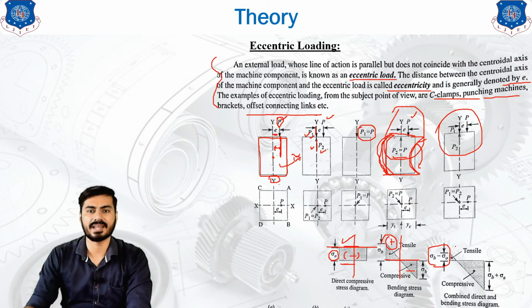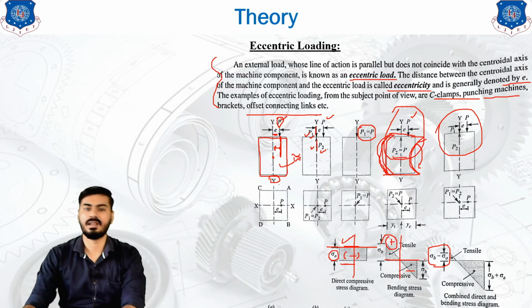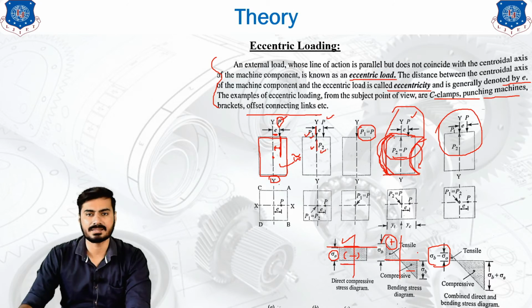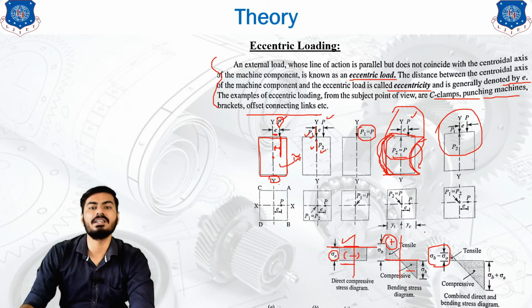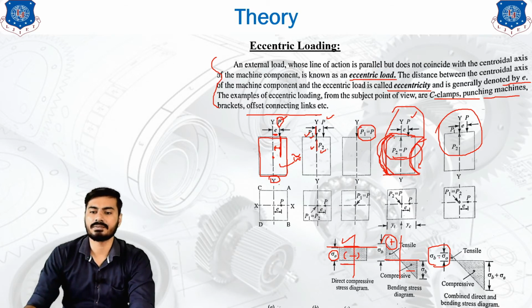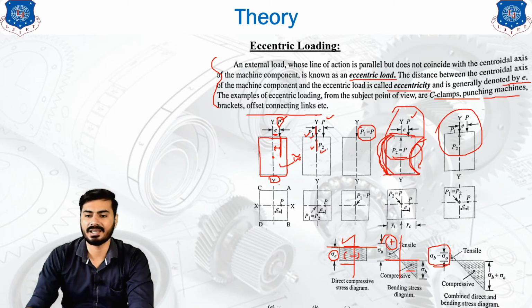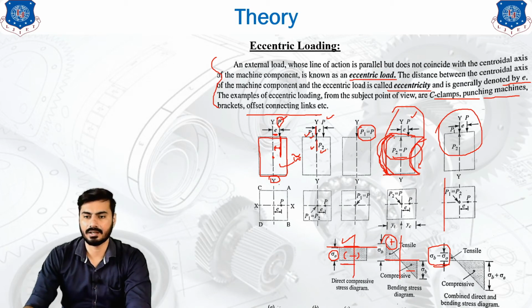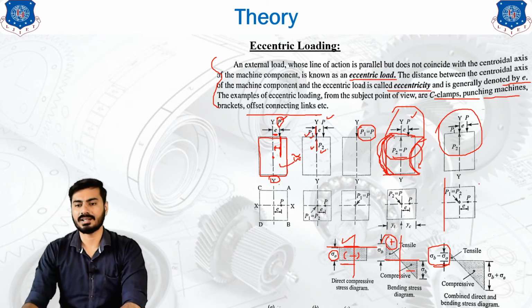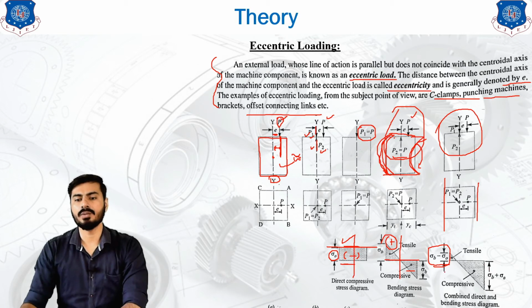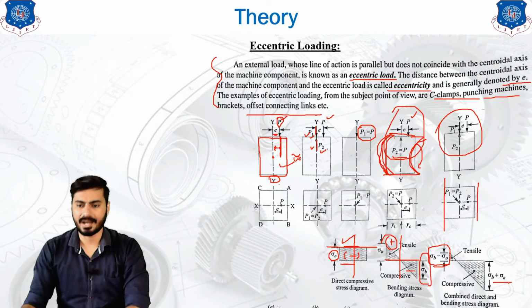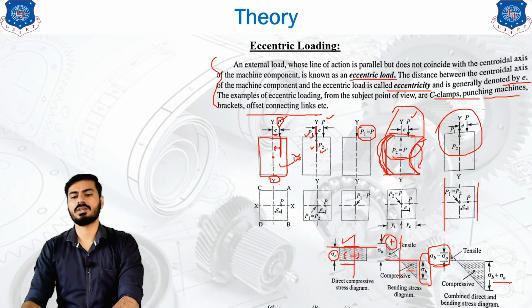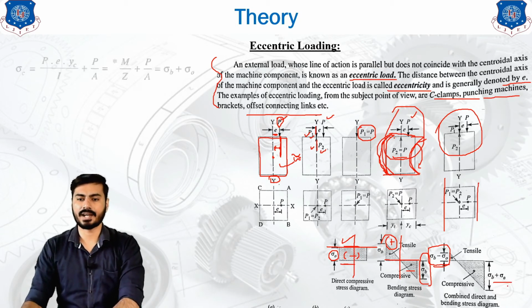If your answer comes out negative, you can represent it on the negative side, but it will not happen like this because the cumulative effect will be bending, and bending is always on the opposite side. So this is the final effect of sigma b minus sigma 0 on the left fiber, and on the right fiber the cumulative effect is the algebraic sum of these two, which is sigma b plus sigma 0, or sigma a, the axial stress. Okay, so this is the cumulative, or combined, effect.